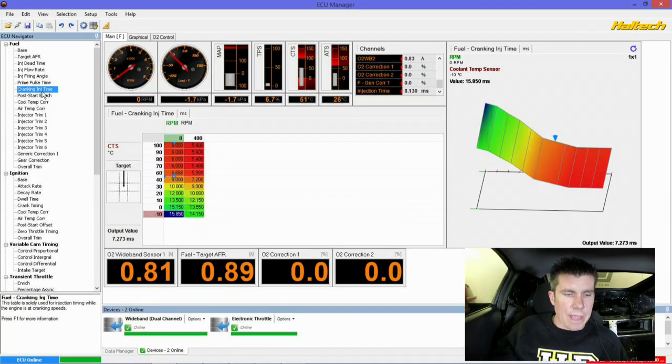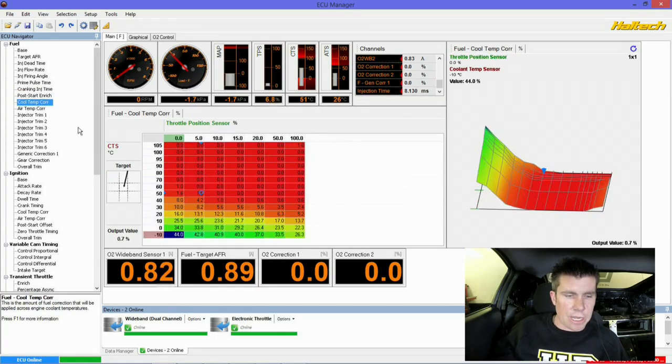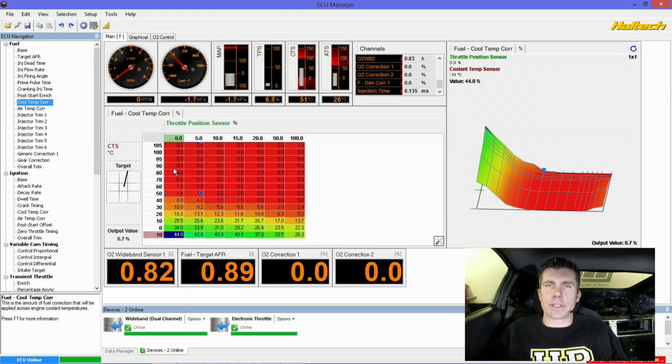In the Haltech we have the cranking injection time, we've got our post-start enrichment, and then we've got our coolant temperature correction. Now I just want to explain first of all, before we can look at setting up particularly the post-start and coolant temperature correction maps, it's important that our main fuel table is tuned correctly first.